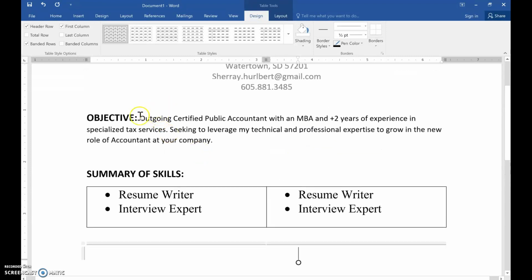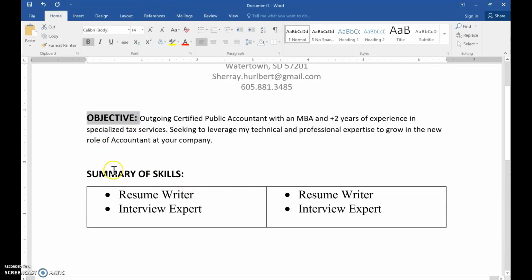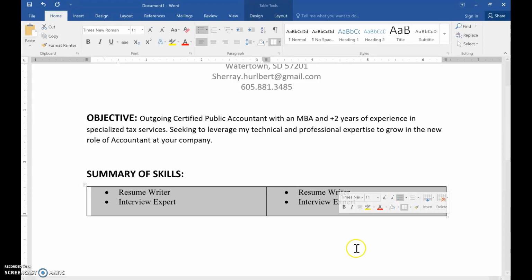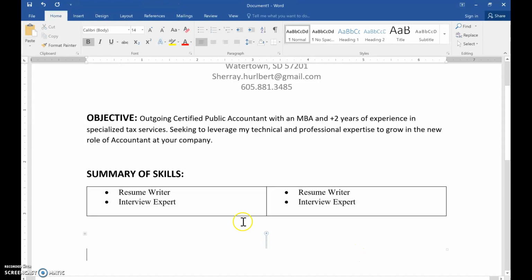I will also tell you that the only thing that should be in bold font would be your headings, like objective and summary of skills. These pieces of information should not be bold. And if I'm going to use 11-point font, I should be at 11-point font on these as well. We really need to have consistency throughout the resume on everything we do.